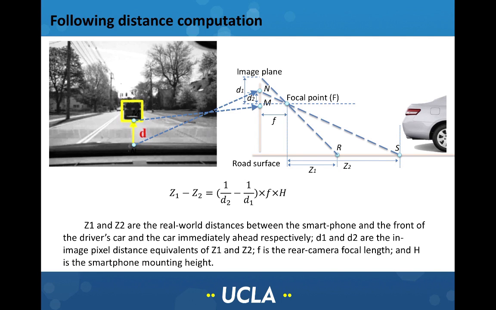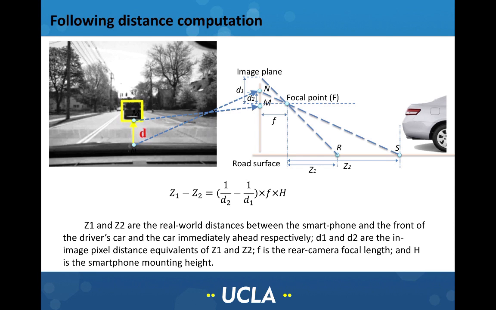This figure illustrates how any road distance z in the camera view is projected to an image pixel distance d. As a result, the following distance can be computed by z1 plus minus z2 equals 1 over d2 minus 1 over d1, multiplied by f, and then multiplied by h.